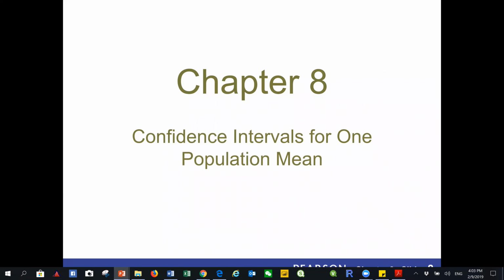Okay, first of all, why do we need to do the confidence interval estimation? Because in hypothesis in a population, we want to know its population parameters, but when we have no idea about what the population parameters are, then we construct confidence intervals.